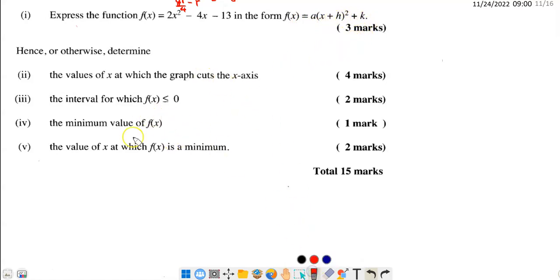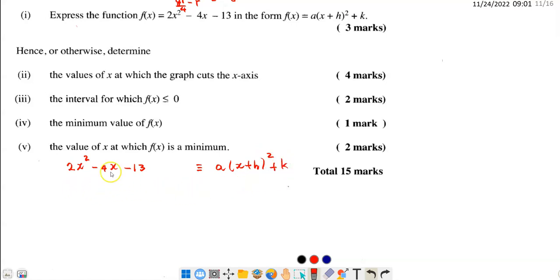So we're going to write 2x squared minus 4x minus 13. We want to express it into the form that is identical to a into x plus h all squared plus k.